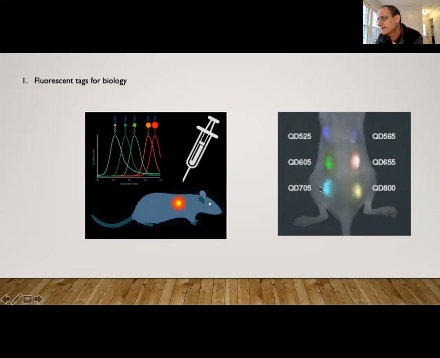Here's an example of some poor mouse that's had a number of different fluorescent tag quantum dots, and you can see them all fluorescing at different colors. They can also be used even inside of cells to decorate different structures inside of cells. So this is a really important application of quantum dots for science.